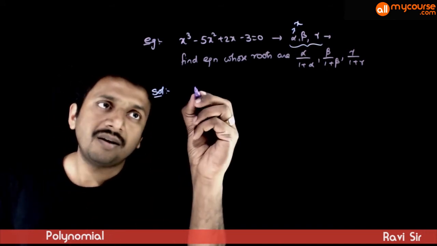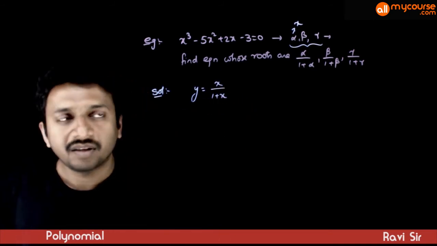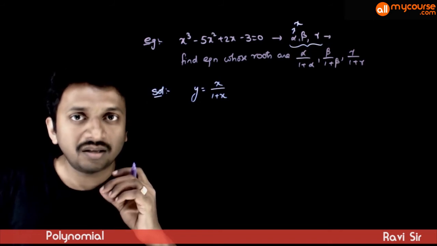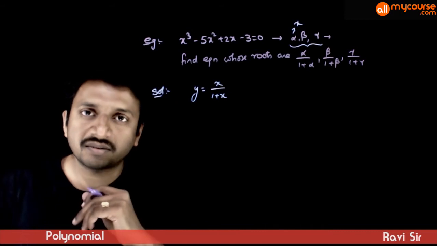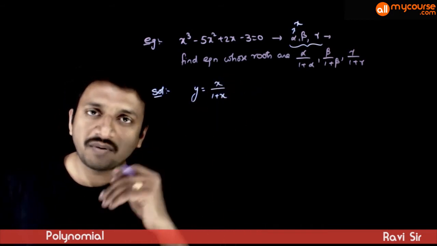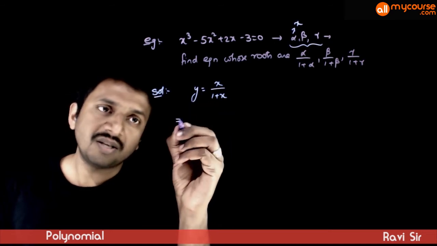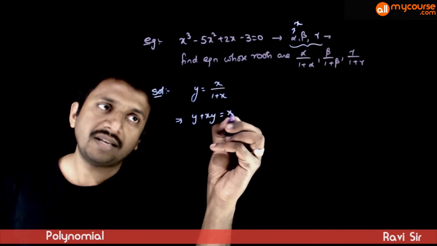Then only we can use the theory of transformation of roots. So let us take y is equal to x by 1 plus x. If x is a root of this equation, you want an equation whose roots are of the form x by 1 plus x. So y is equal to x by 1 plus x. I want a cubic equation in y. This implies y plus xy is equal to x.